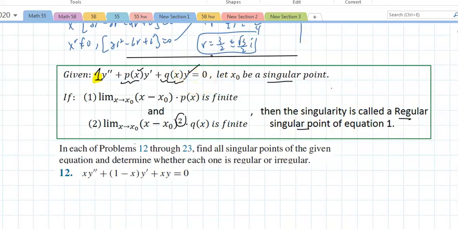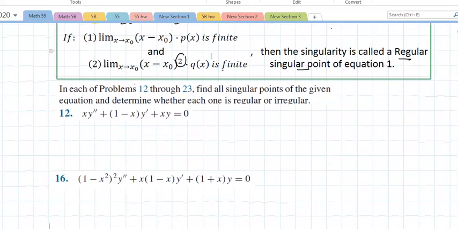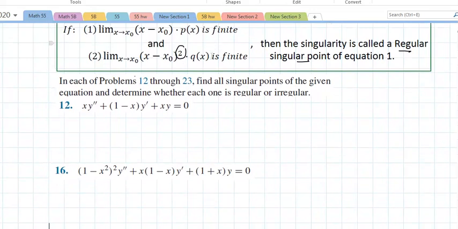That's equation 1. So they want us to check how this works, find all singular points of the given equation, and determine whether they are regular or irregular. What's regular? If you get both to be finite. So first order of business, you make sure that's a positive 1. It's not. y double prime plus (1 minus x)/x y prime plus y equal to 0.